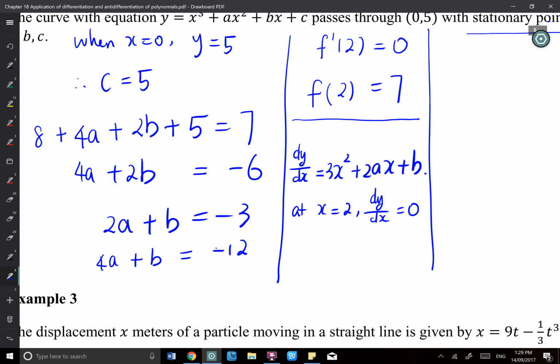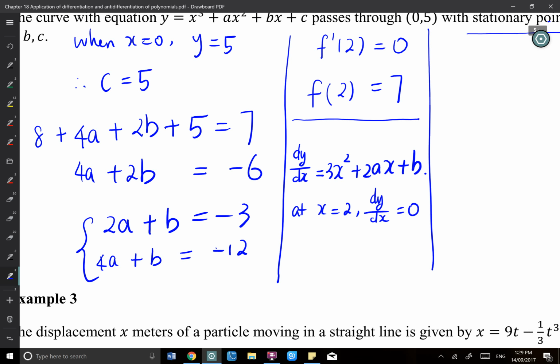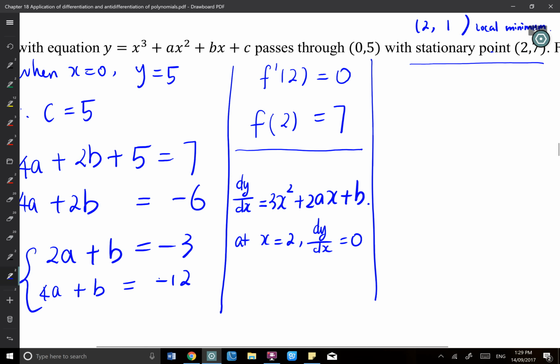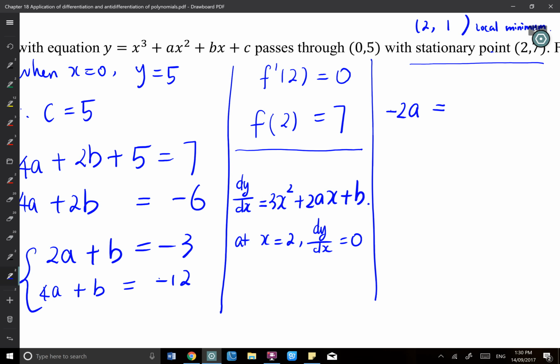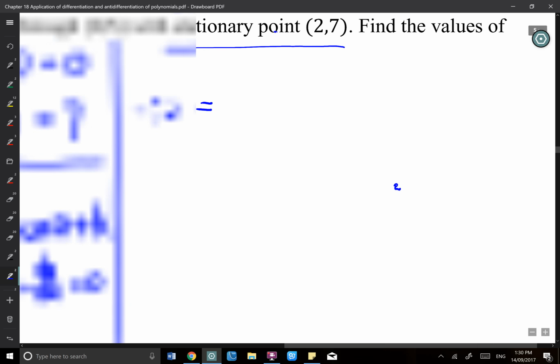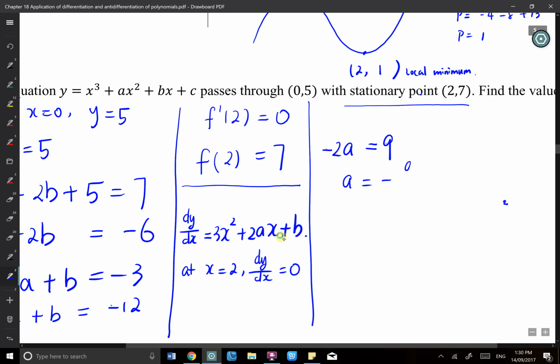So how do you solve that? Yeah, simultaneous equations. I use the first top one, subtract the bottom one. I'll have minus 2a equals 2 minus 3 minus negative 12, which is plus 12. That's 9. And a equals negative 9 on 2.